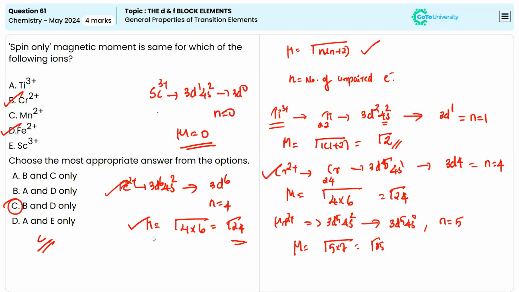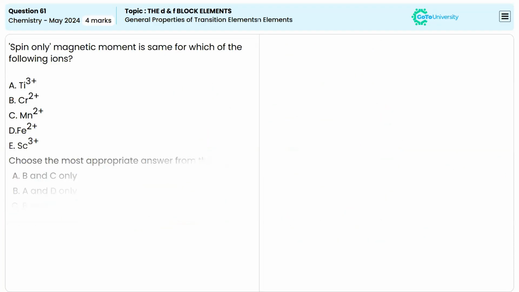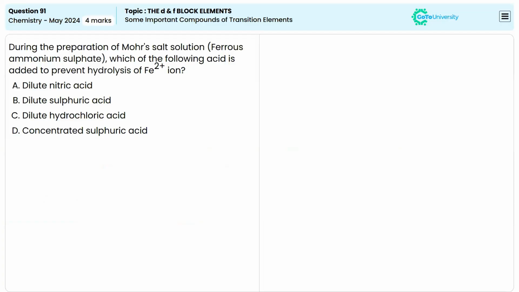This is a big question, but don't waste more time on this, because we have less time for every question. We have to finish 50 questions in chemistry, then 50 in maths, physics, then 100 questions in biology as well. So don't waste more time. Now the next question.